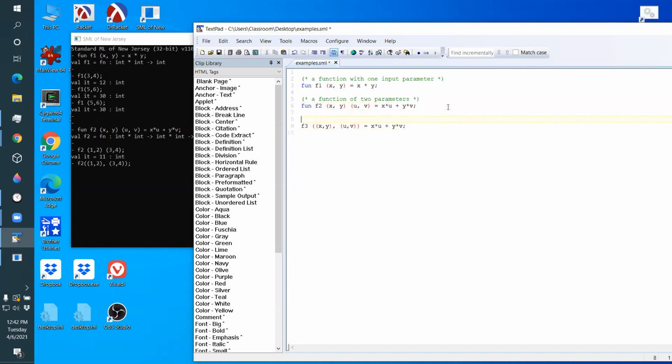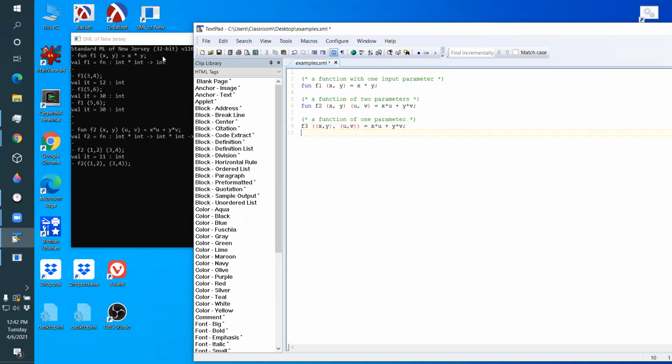This is a function, and we're back now to a function of one input parameter. There are four numbers in there, but the four numbers are bundled into a single tuple of two tuples.